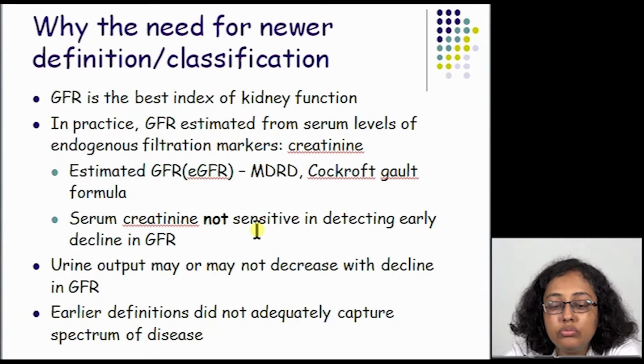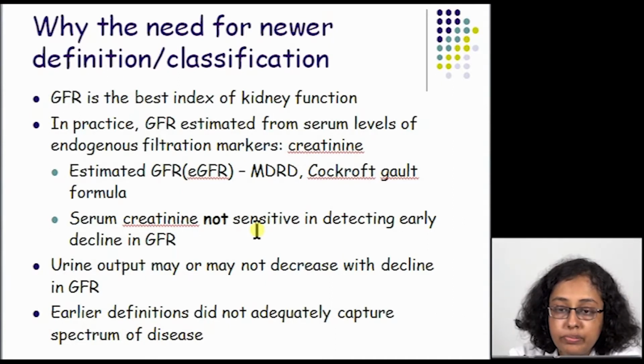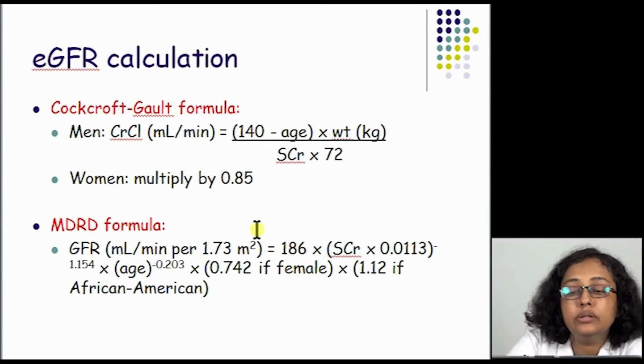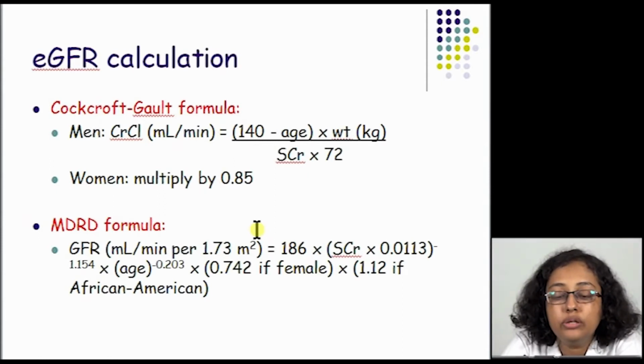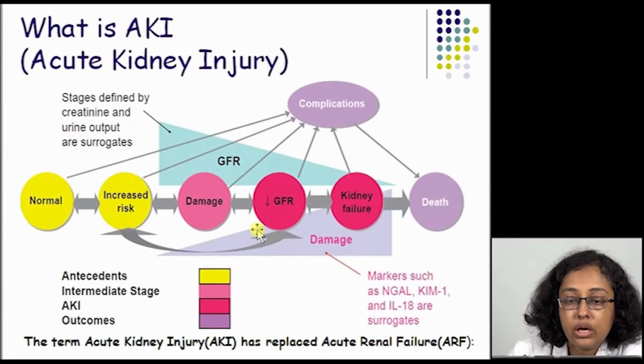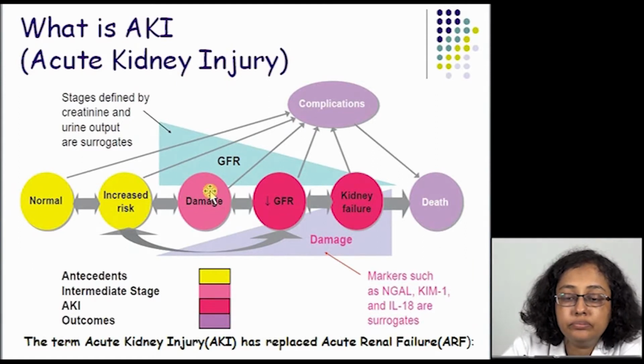So we should understand that the early, routine definition, a deterioration of renal function over minutes, hours or days, does not adequately capture the entire spectrum of the disease. As I told you earlier, the Cockcroft-Gault formula or the MDRD formula is used to calculate the estimated GFR based on the serum creatinine. So that is why the need for a newer definition of acute renal failure was warranted.